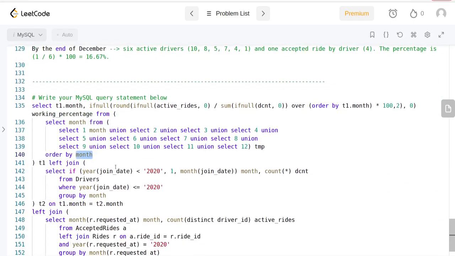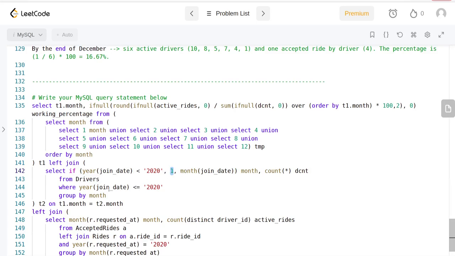The second one is how many total drivers there are so far, up till that month. We are again taking the year of that person's joining date, and if it is less than 2020, it means he joined before January 2020, so he falls into month one, meaning he is part of the company in January 2020.